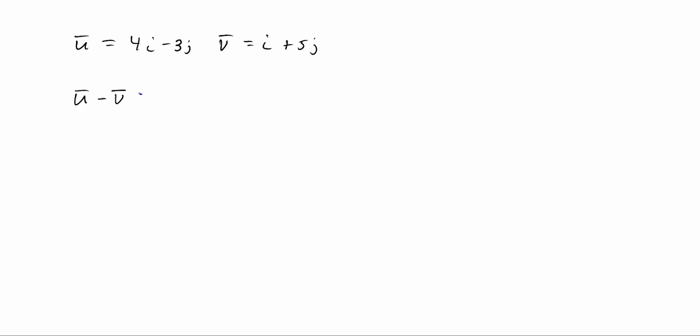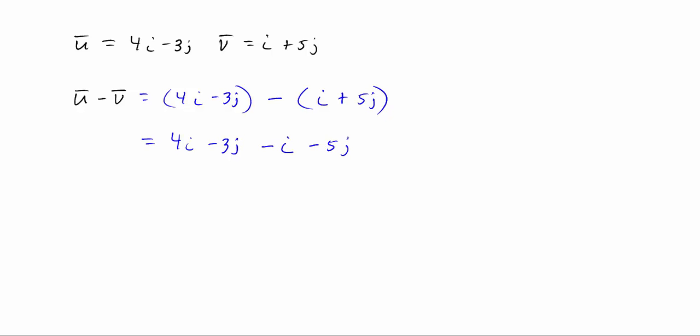We would just subtract. We have to be careful now because we're subtracting, but we could write this as simply 4i minus 3j minus (1i plus 5j). And if we're subtracting, we have to be careful with the negative and distribute the negative. So that would be negative i minus 5j.